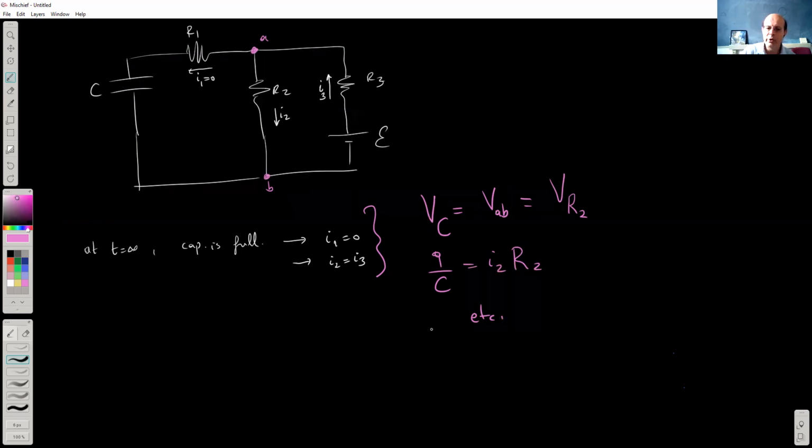So at t equals infinity or at t equals 0, by using some kind of physical reasoning, you will be able to compute every circuit variable. Basically, at t equals infinity, there will be no currents passing through the capacitors, and by using this, you can essentially solve the rest of the circuit. What I'm trying to say is that in these kind of circuits, some currents can be flowing within the circuit.